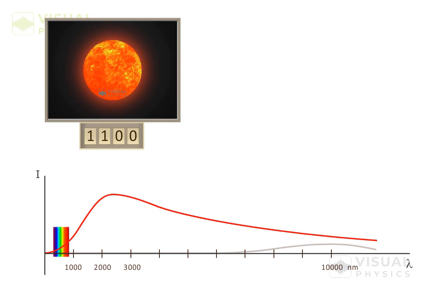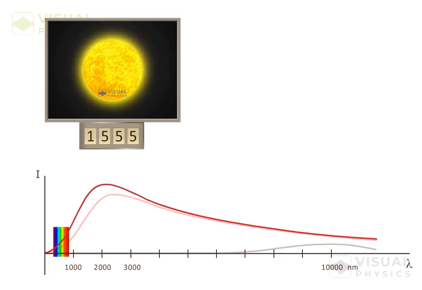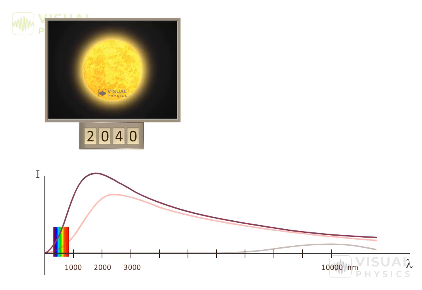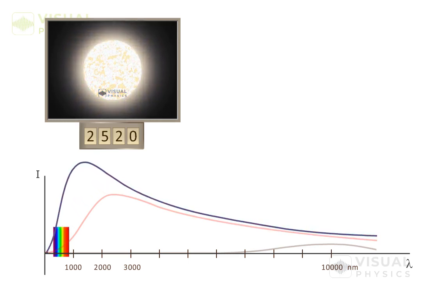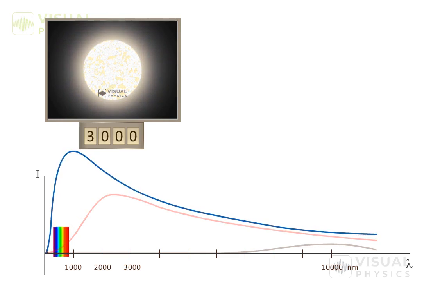If we increase the temperature further, then around 3000 Kelvin, the intensity of radiation becomes high for all wavelengths in the visible region, and the object appears to be white.